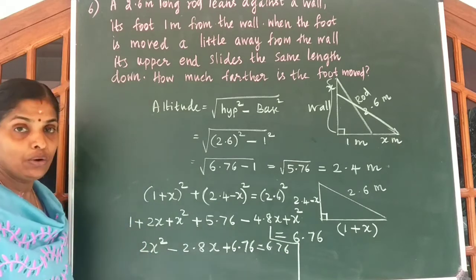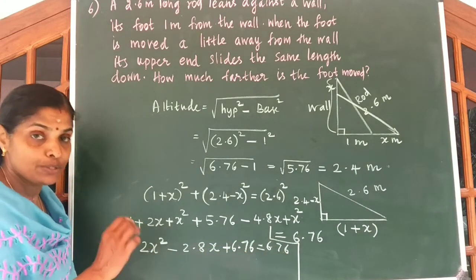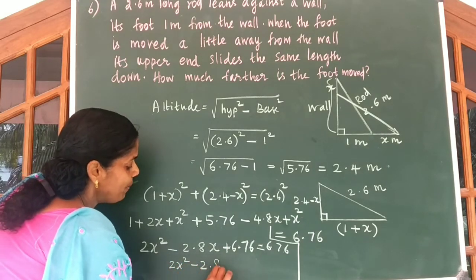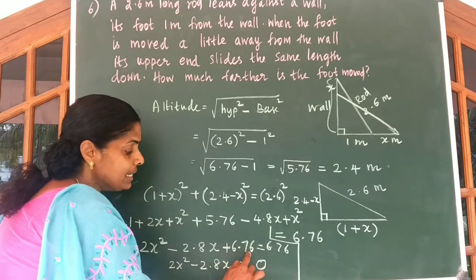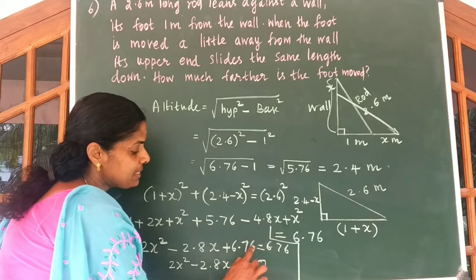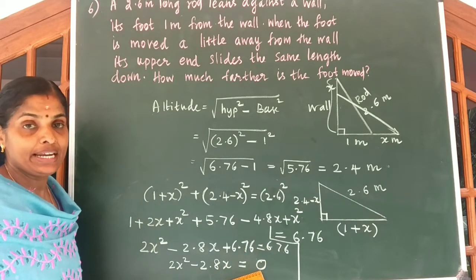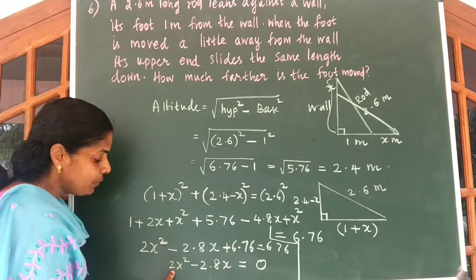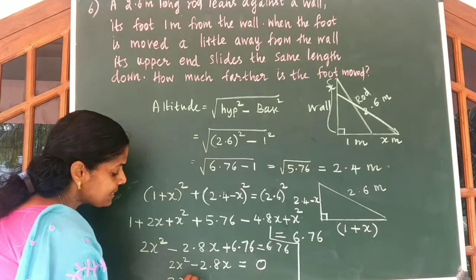6.76. Now what you can do, 6.76 is on both sides. So in the next step, 2x square minus 2.8x is equal to 0. By taking 6.76 to the other side, you get 6.76 minus 6.76, which gives you 0. Do you understand? Now, these two numbers have 2x as the common factor. So let us take 2x outside.